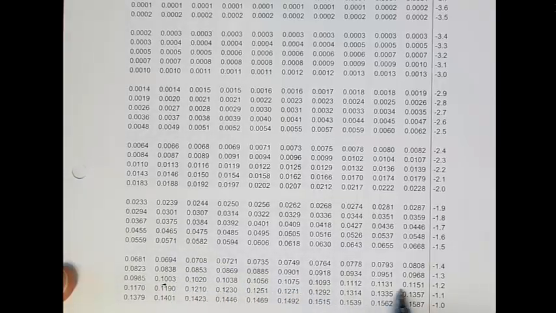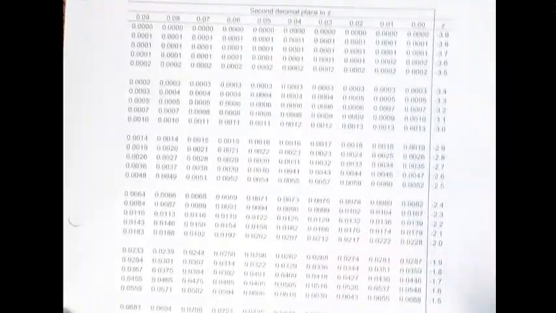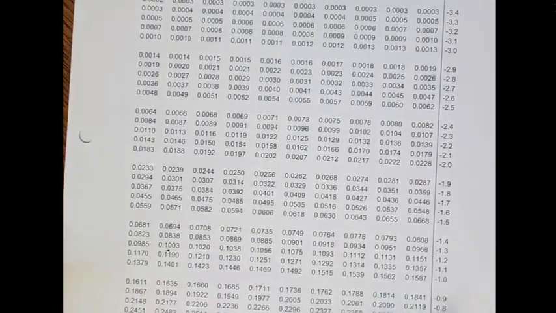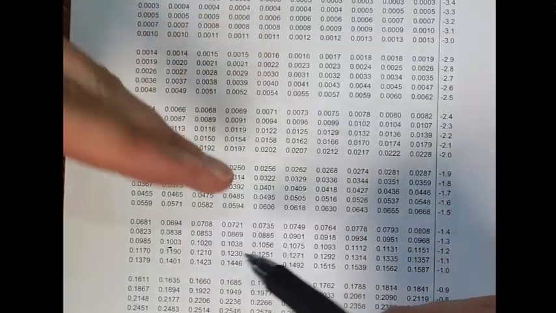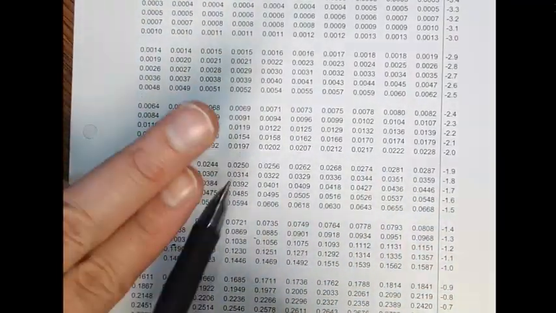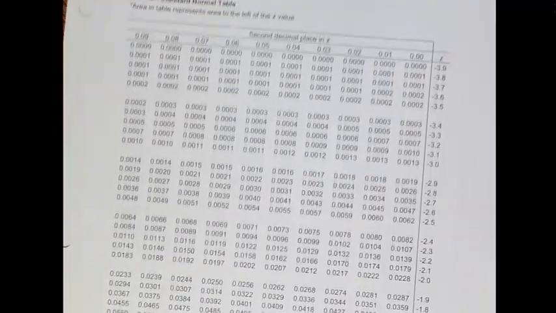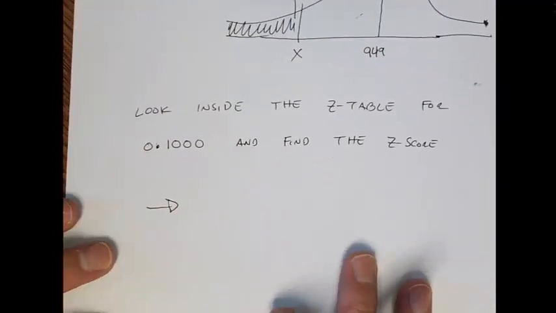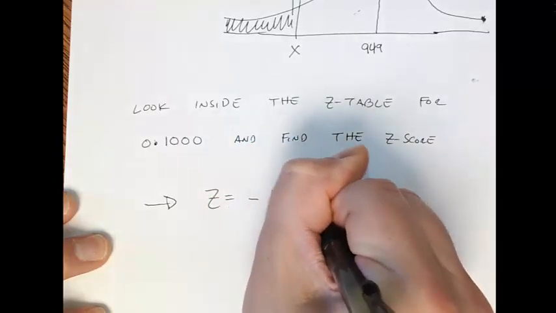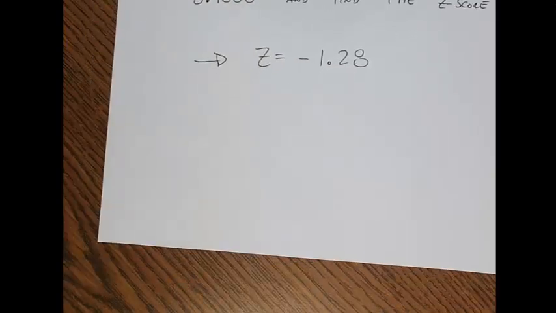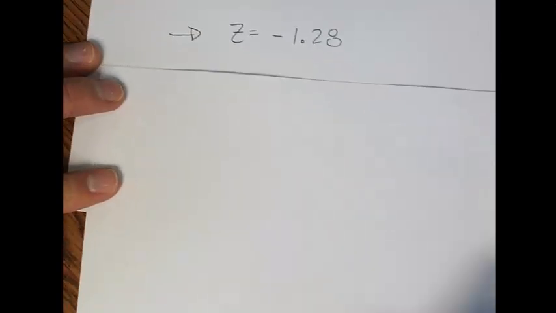That corresponds to a z-score of negative 1.28. All right, so this is using the z-table in reverse. Instead of starting on the outside and going in, we started on the inside and went out. So that corresponds to a z-score equal to negative 1.28.